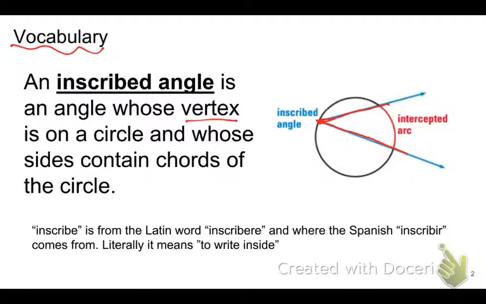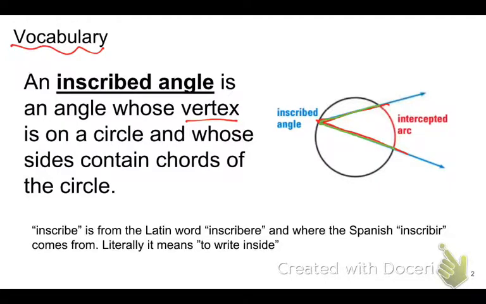And whose sides contain chords of the circle. So here's a side, and it's a chord because it ends at the boundary of the circle. And then here's another chord, and they end at the boundaries of the circle.